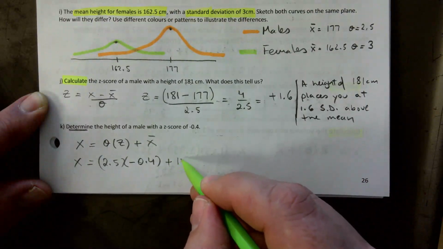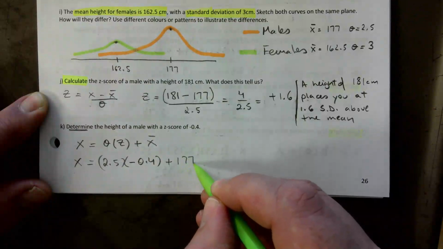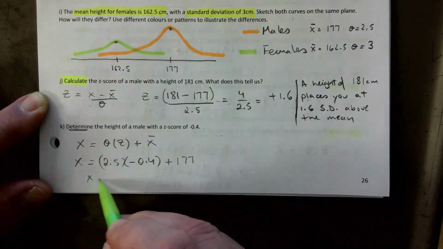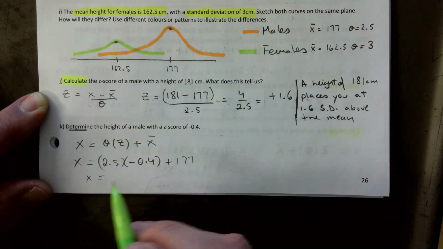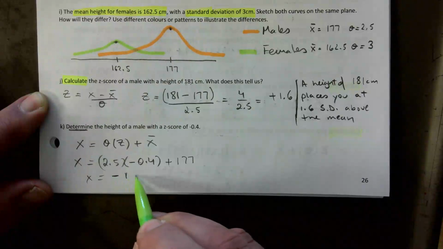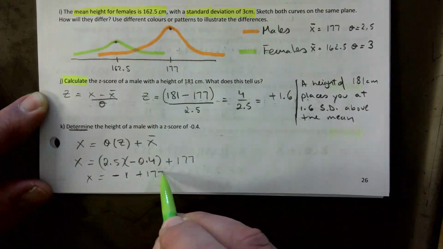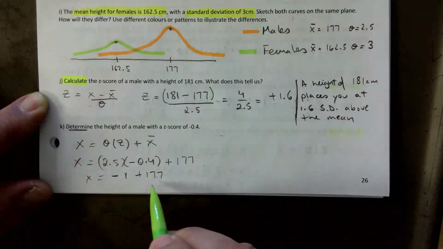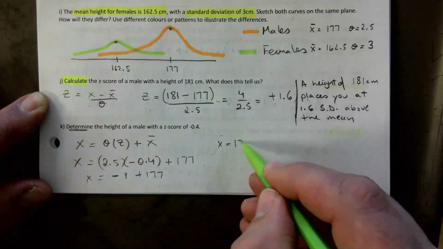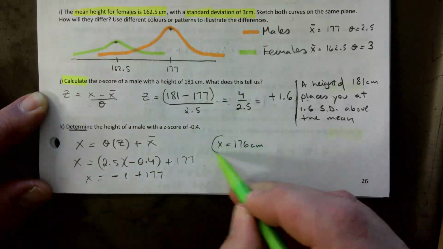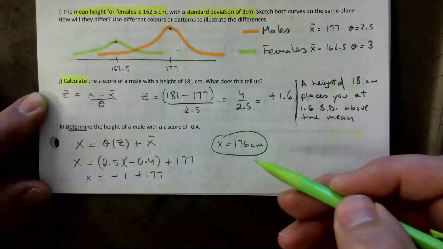Plus 177, that's my average. If you multiply it, you get negative 1. Negative 1 plus 177 is 176 centimeters. There you do have units because you want to know the actual height.